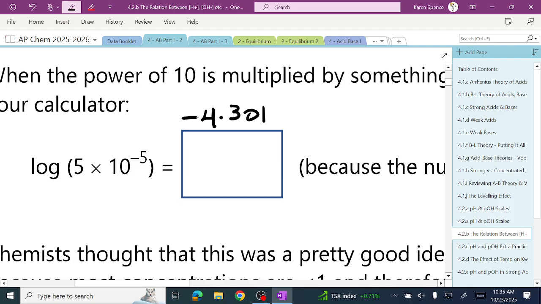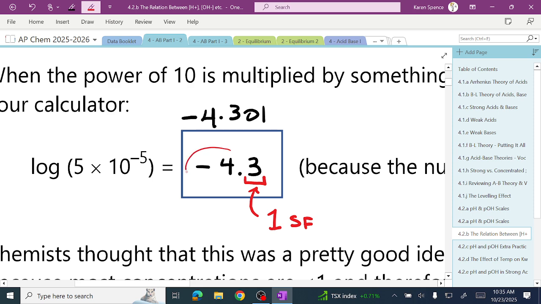So I get negative 4.301. What would our correct answer be there? Negative 4.3. And that gives us how many sig figs here? 1 sig fig. Okay.